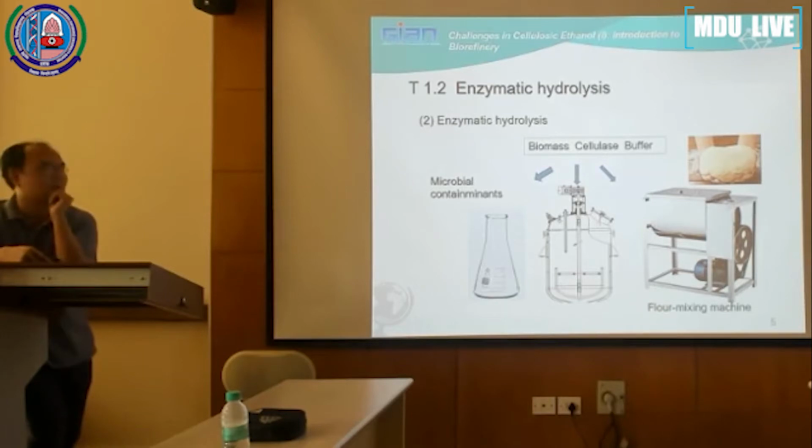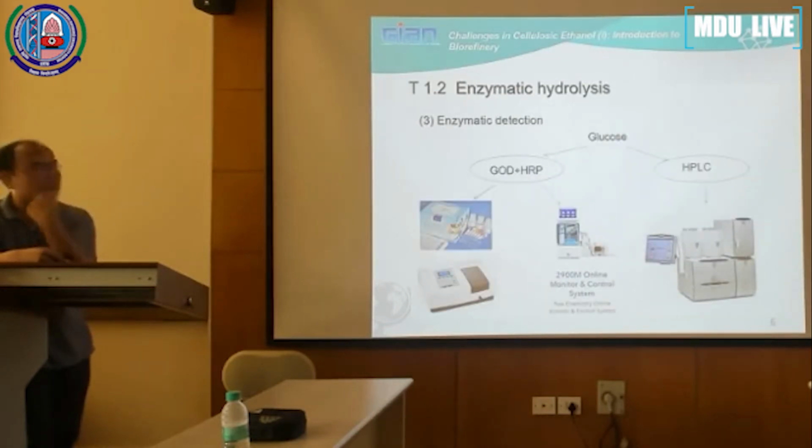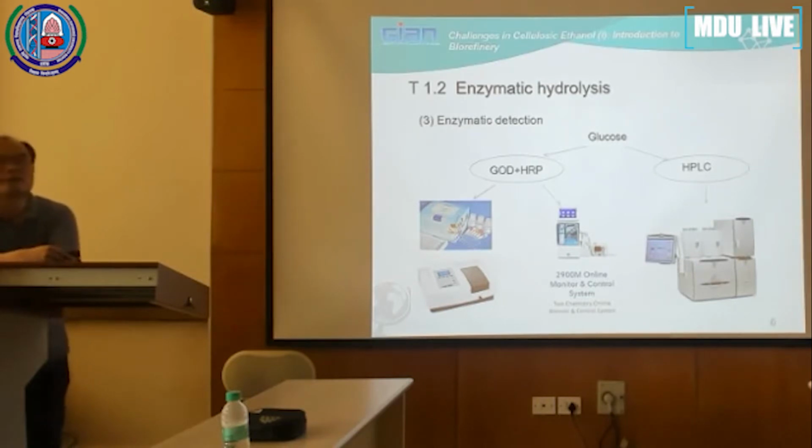This machine is a flour mixing machine. It is very convenient to blend the biomass slurry with very little amount of water. After maybe 2 days or 3 days, we will collect the hydrolysis products, mainly glucose.